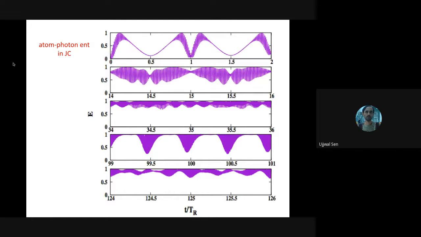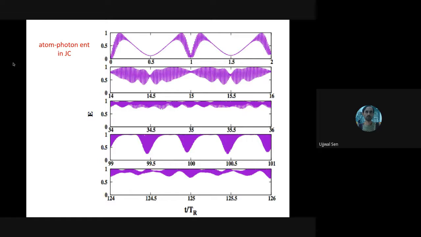Again, I have not mentioned the measure that I am using for quantifying the entanglement, but qualitatively, they all look similar. The quantitative features may change a little for the different measures, but they all look broadly similar.